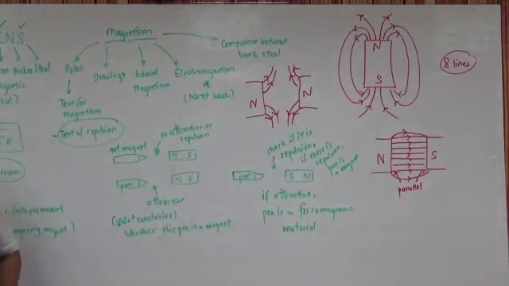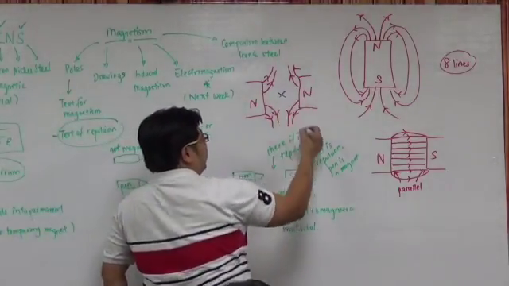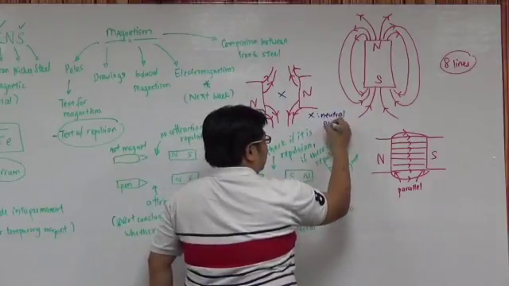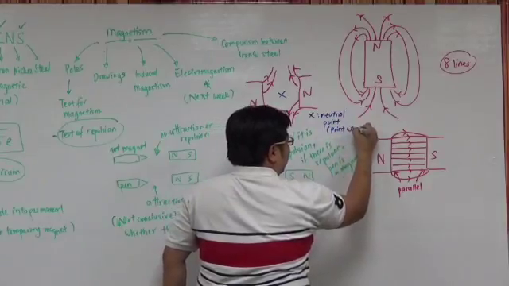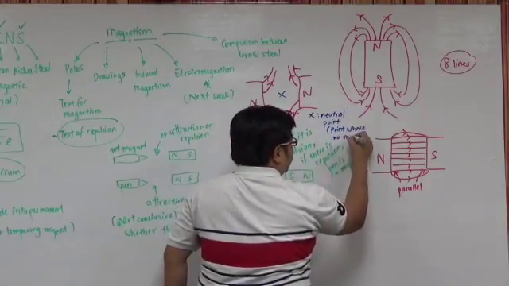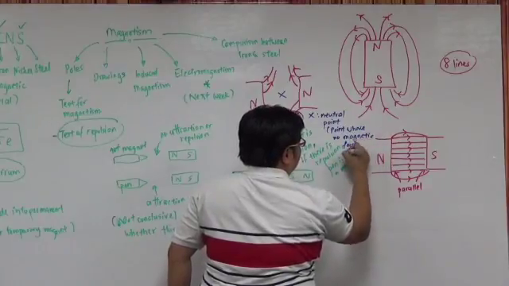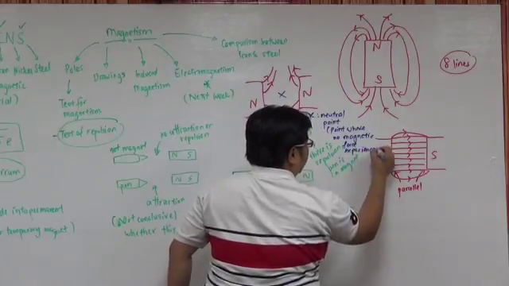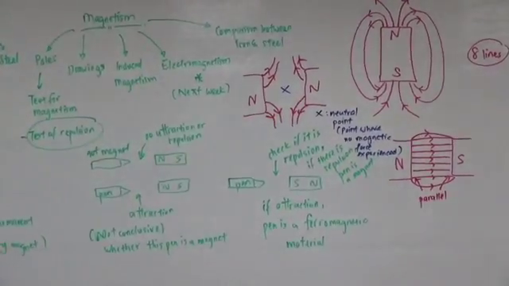So this point, we call it point X. Point X is a neutral point, a point where no magnetic force is experienced. So if you put another magnet in there, there will be no repulsion and no attraction.